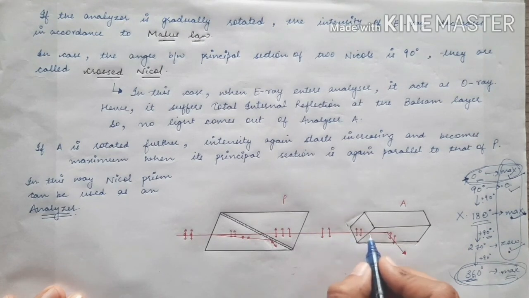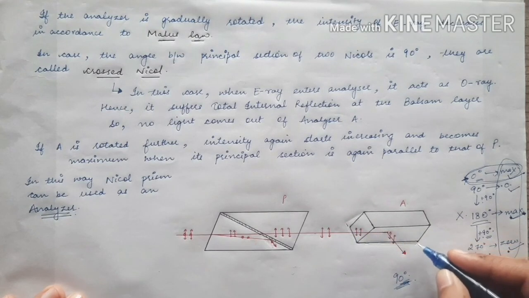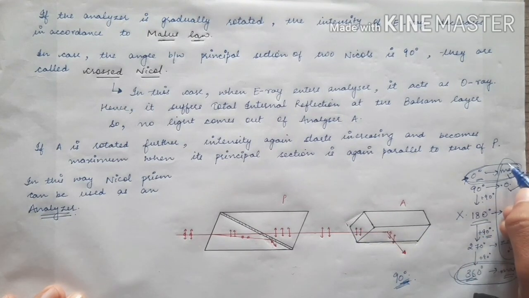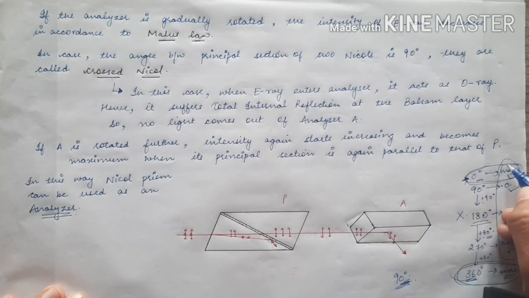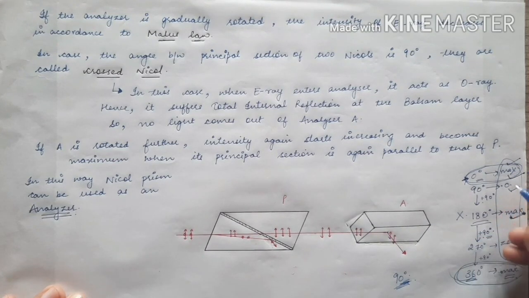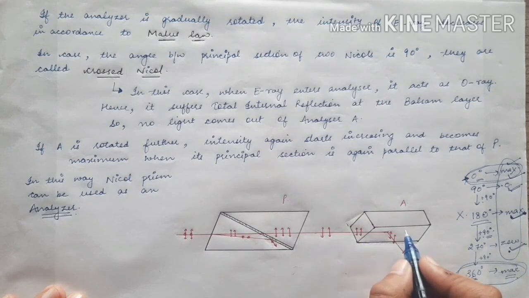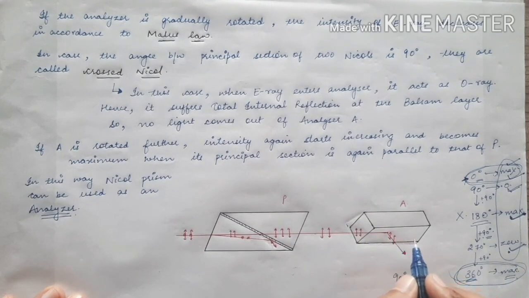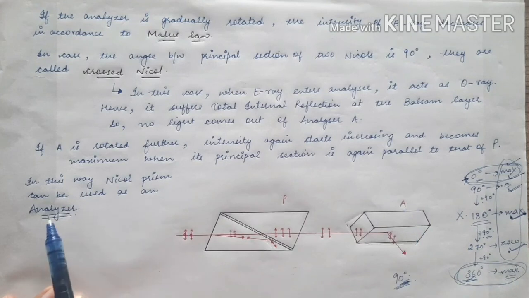This happens only when the light entering the analyzer is plane polarized light. Therefore, we say that this second Nicol prism is an analyzer.